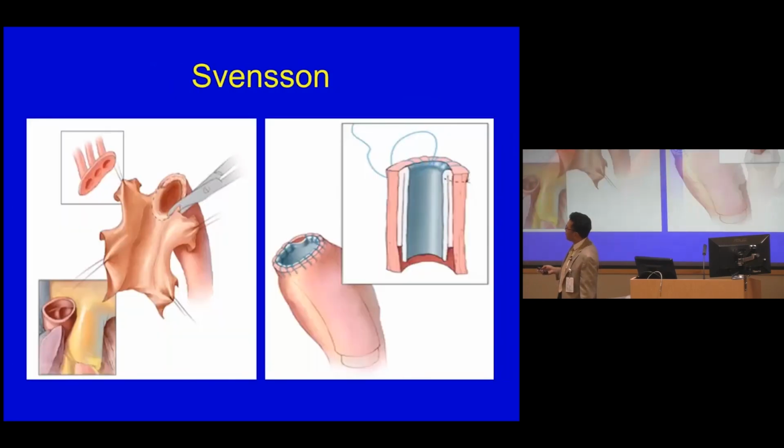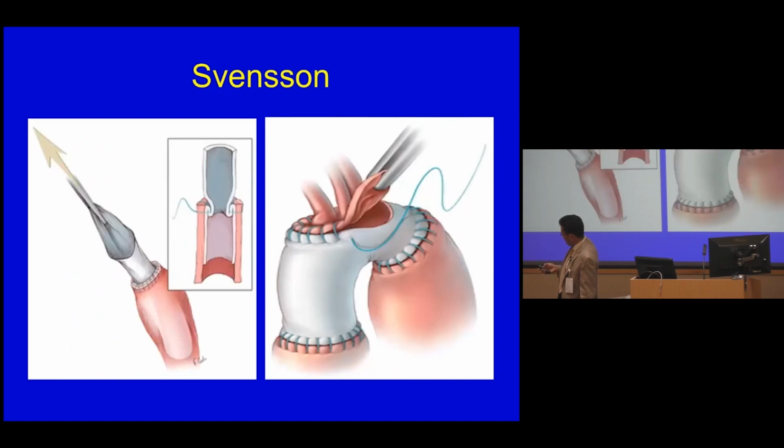But it's interesting that he had one of his proteges or trainees, Lars Svensson, work on it to try to improve on Dr. Borst's technique. And so he came up with the evagination technique. Basically he evaginated a tube graft, dropped it into the aneurysm, and sewed that on the distal aorta, and then he would pull that segment out, create a keyhole, and reanastomose here.